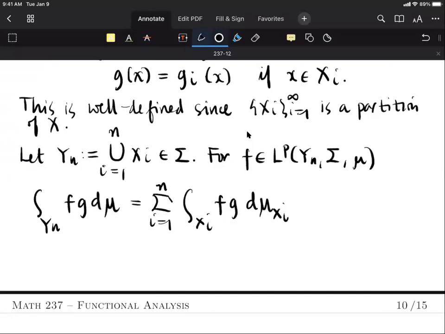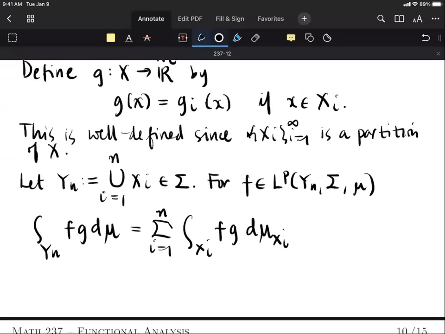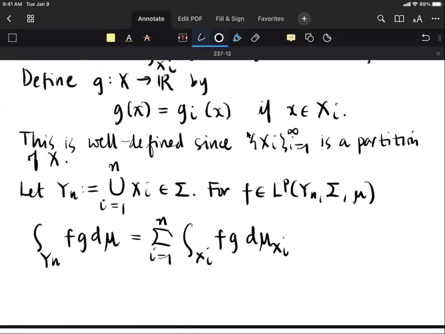One can show this first for step functions, and then therefore for f times g functions, by the construction of the Lebesgue integral. Since g is equal to g sub I on x sub I, we can put a subscript here.